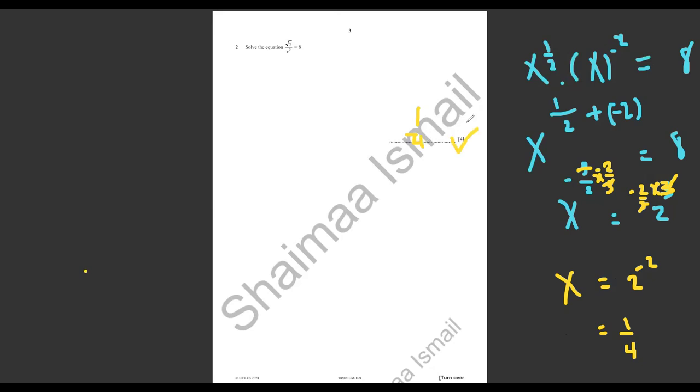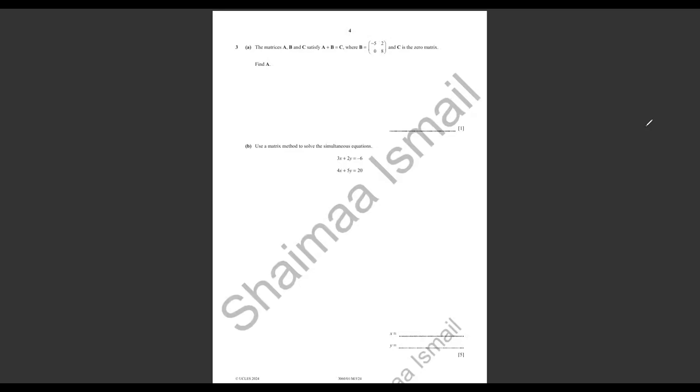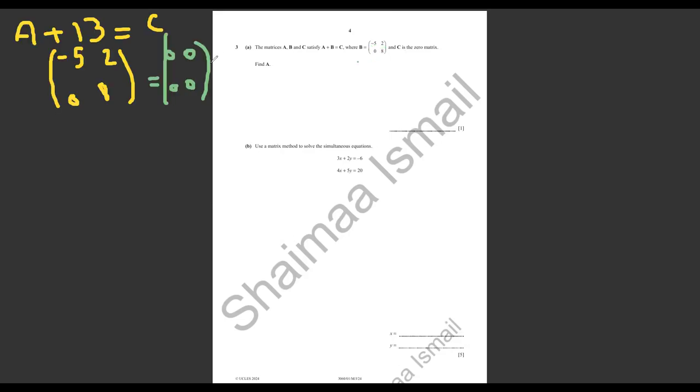Let's see the next. Okay, question number 3, matrix. Here, matrices A, B and C satisfy A plus B equal to C, where B equals -5, 2, 0, 8, and C is a zero matrix. So, find the value of A. If we have A plus B equal to a zero matrix, what plus -5 equals 0?